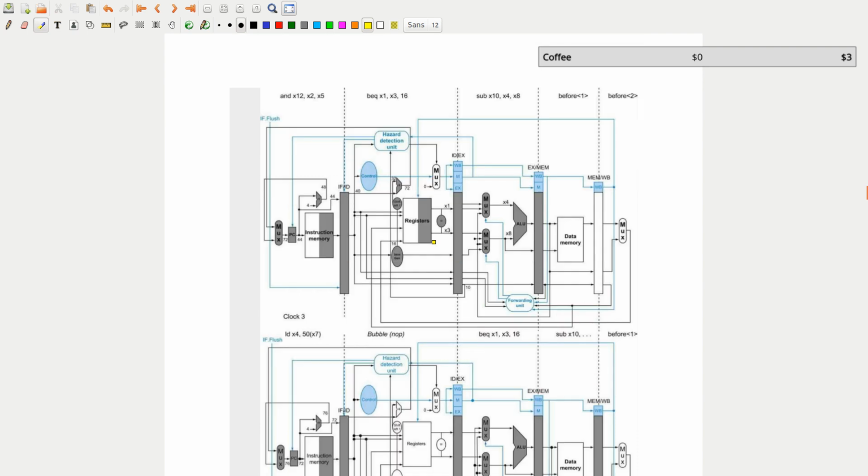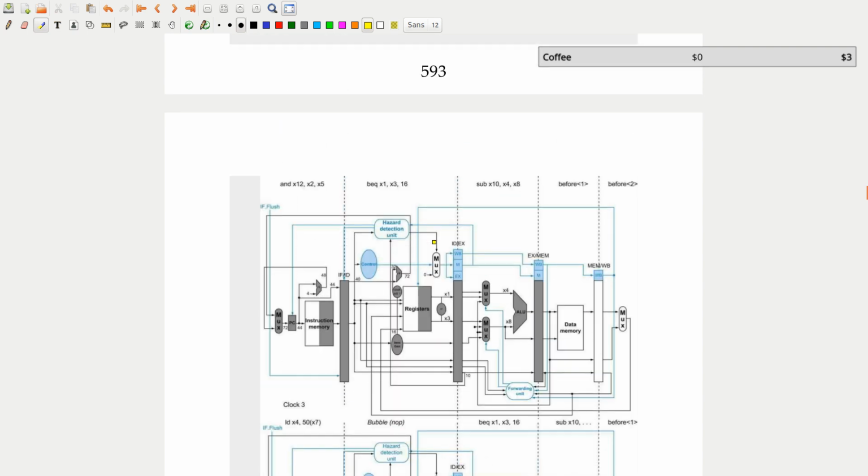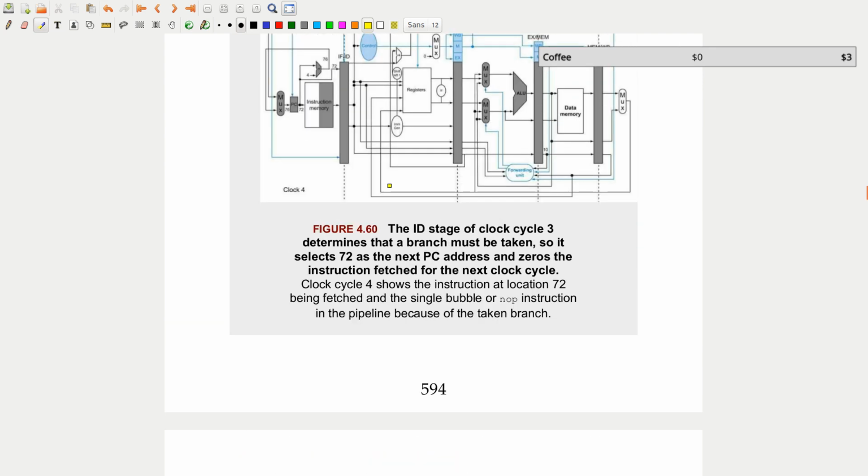So let's see what we have here. We see this new hazard detection unit that we're going to be putting in. In the decode stage of clock cycle 3, the hardware determines that a branch must be taken, so it selects 72.